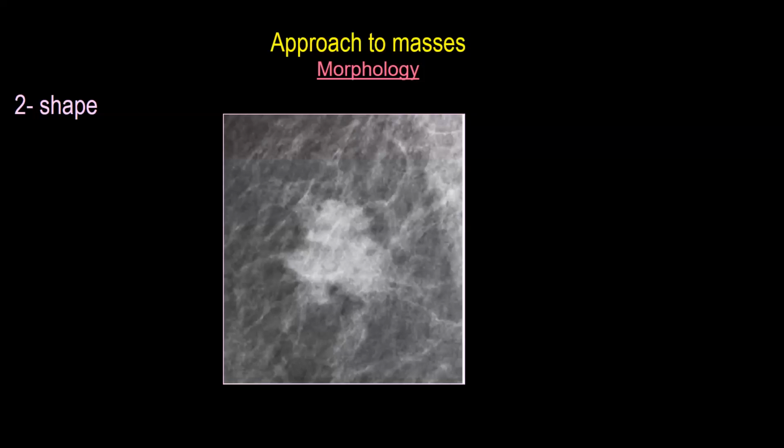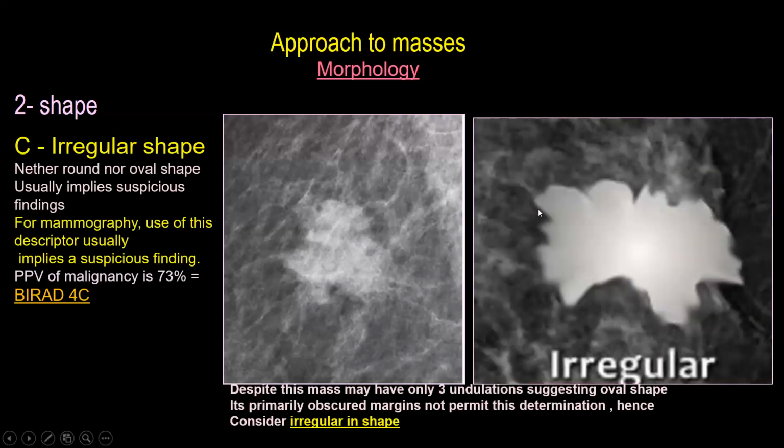Although it seemed to be lobulated, with three lobules or an oval shape, because it is completely indistinct you cannot tell that it is lobulated, so we will consider it an irregular shape. BIRADS 4C. You see, it might be a fibroadenoma, but still it can be cancer.